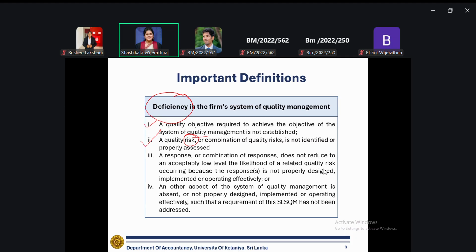That's a part of this quality management framework. We have to do an assessment of what the governance and leadership related risks are. Let's say that the risk is the firm's leadership does not prioritize quality.